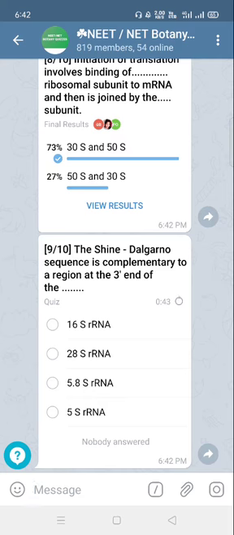Ninth question, the Shine-Dalgarno sequence is complementary to a region at the 3' end of the 16S rRNA.